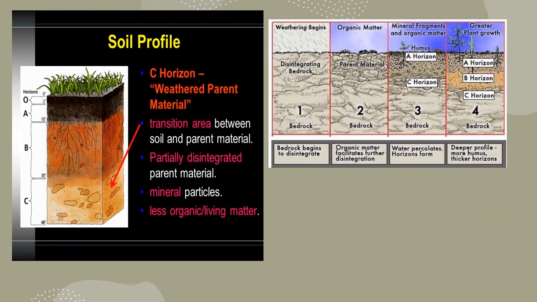It is a process by which large rocks break down into smaller and smaller particles, smaller and smaller pieces, to form soil. Now, the weathering of rocks can be caused by physical, chemical, or biological agents.